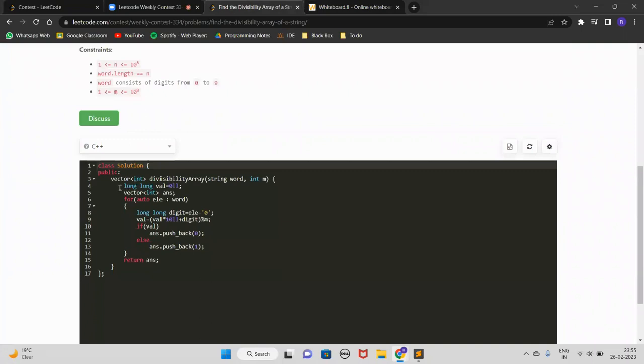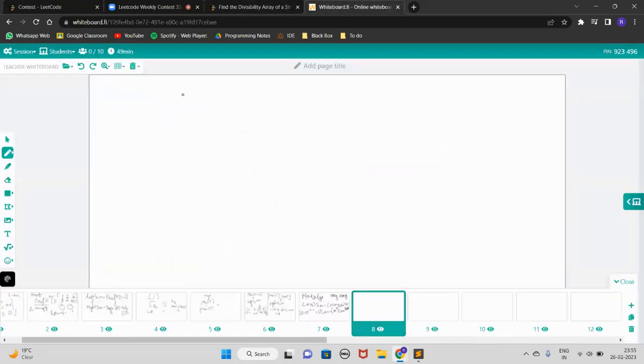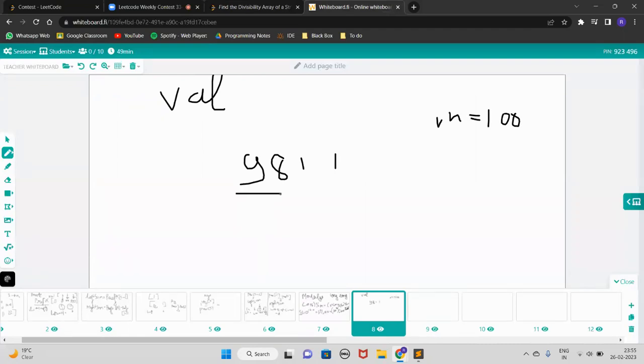Firstly, we'll be making one variable, long val. And what is val? Val is basically the value of any prefix currently. For example, if our word is 9811, and we have to find it mod 100, then at index 1 our value of val would be 9.